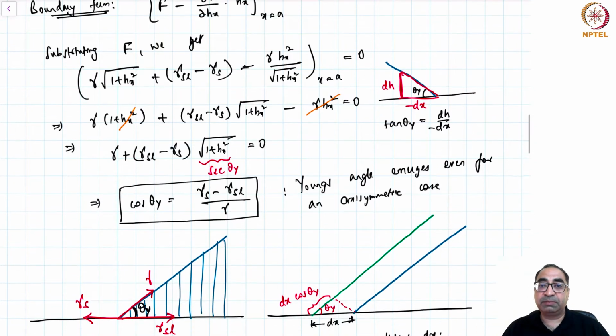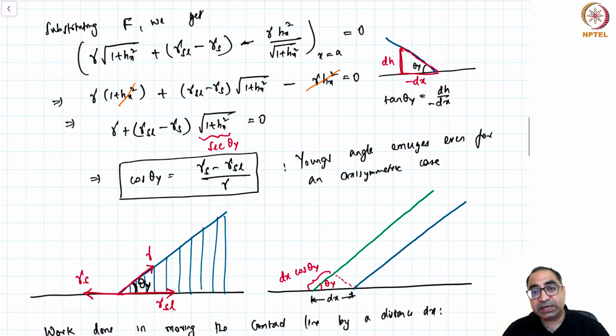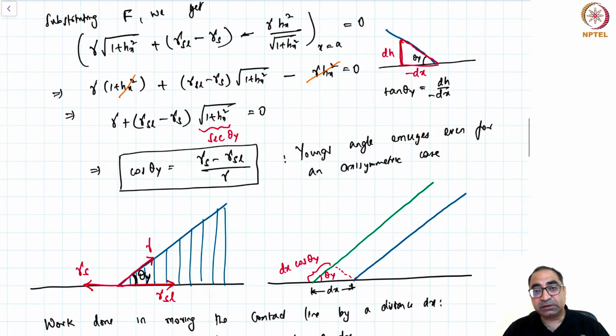We also obtain the Young's angle by taking a slightly different approach, which is just taking an interface and moving it by a small amount dx and asking what is the work done for this movement. We have to only consider the changes in the energy that result because of moving the contact line.